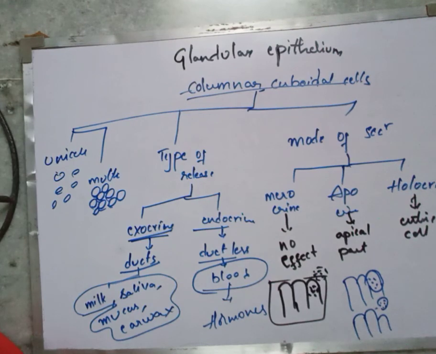So this is the apocrine, whereas in holocrine, it contains three cells and the third cell releases secretion, and this third cell goes out and the other two cells remain. So this is about the holocrine glands. So this is the entire classification of epithelial cells, and their functions and locations.